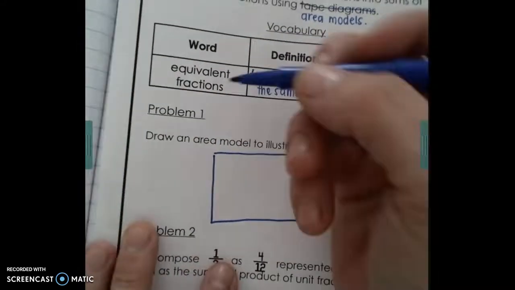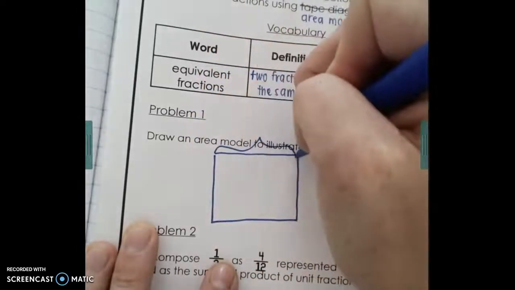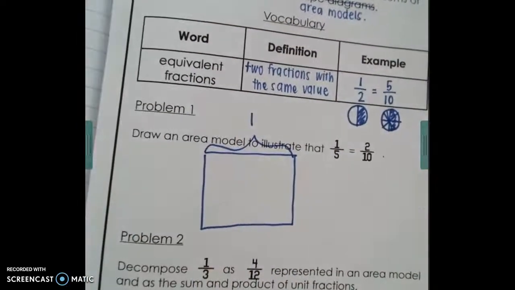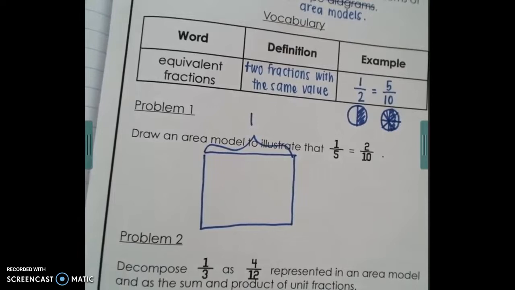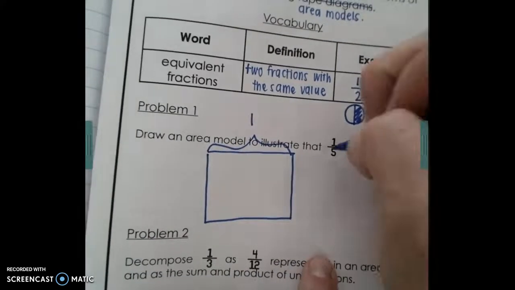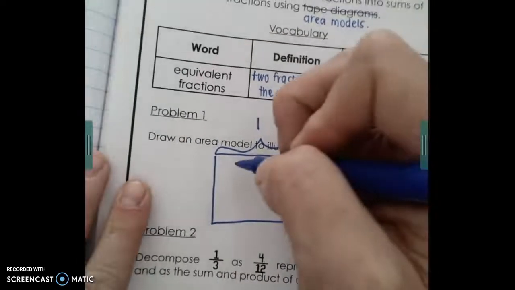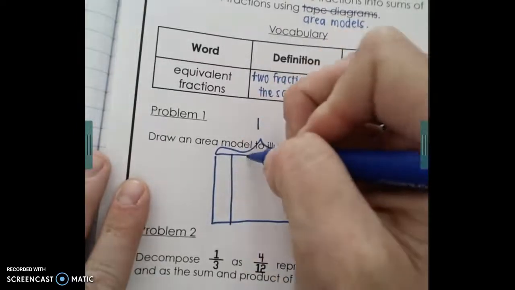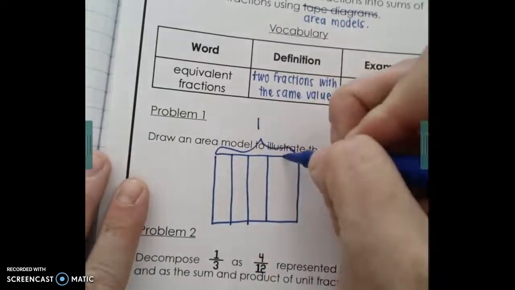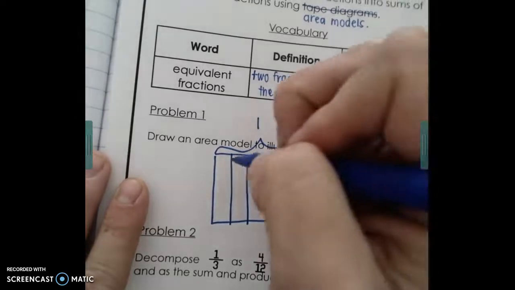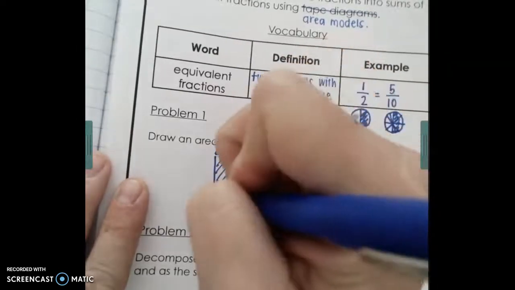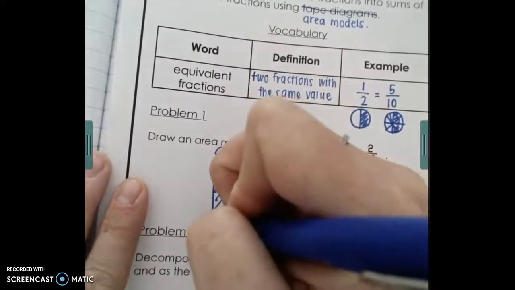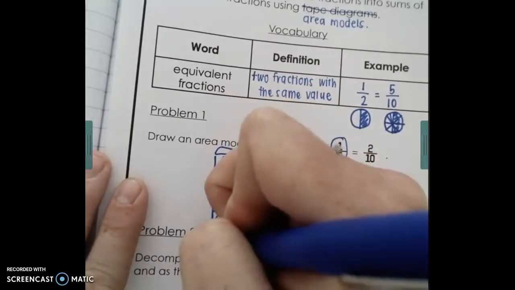This whole thing is going to be equal to one whole, right? Just kind of like our tape diagram. I'm first going to show my 1/5 since it's bigger. So I'm going to take each of these, I'm going to divide it into 5. Okay, and I'm going to shade in my 1/5. So here I have 1/5.